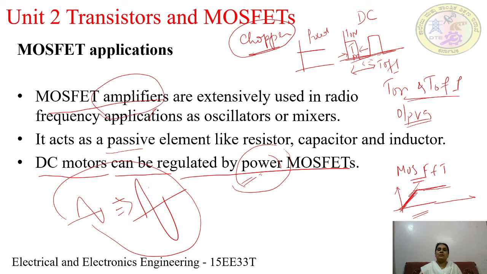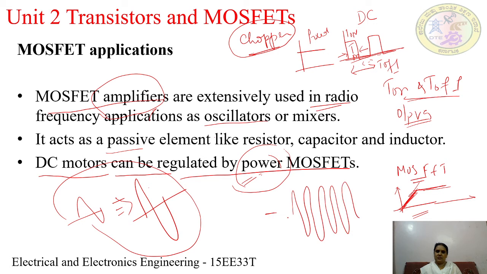Today's transistor amplifiers are completely replaced by the MOSFET amplifiers. And where are we using amplification? In the radio frequency applications. In that, we require the oscillators, where we convert a small DC voltage into fixed frequency oscillations, so a certain frequency to which your radio will be tuned.